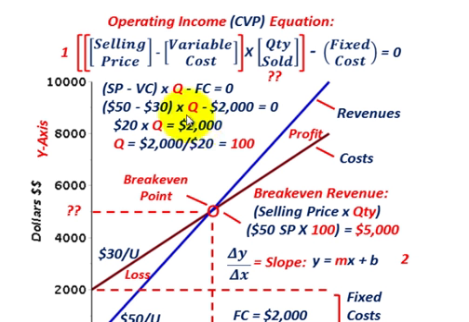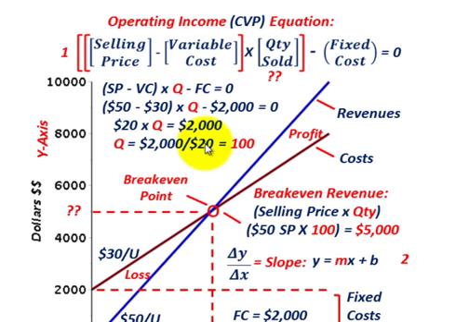We add 2,000 to both sides to move the 2,000 over to the other side of the equation. So we get $20 times the quantity equals $2,000. Divide both sides by $20, and the quantity equals $2,000 divided by $20.